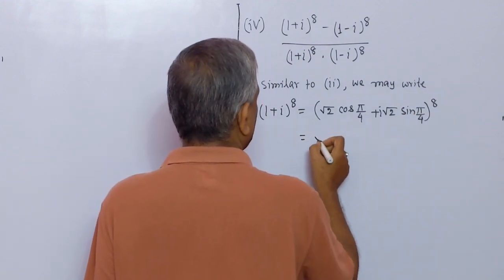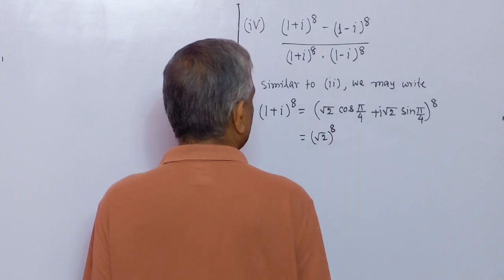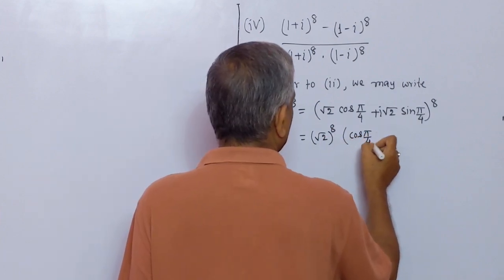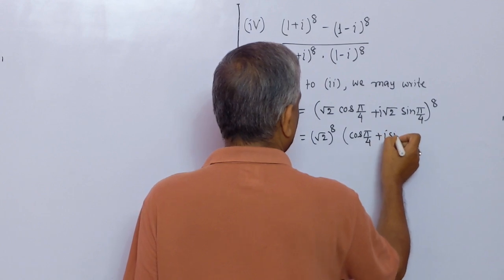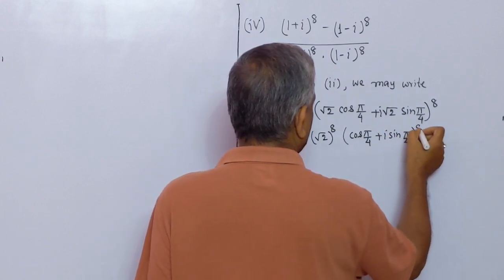This is square root 2 to the power 8 times cos pi by 4 plus I sin pi by 4, to the power 8.